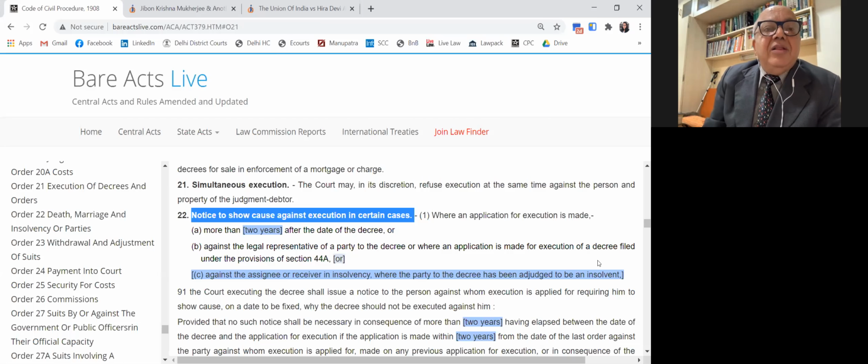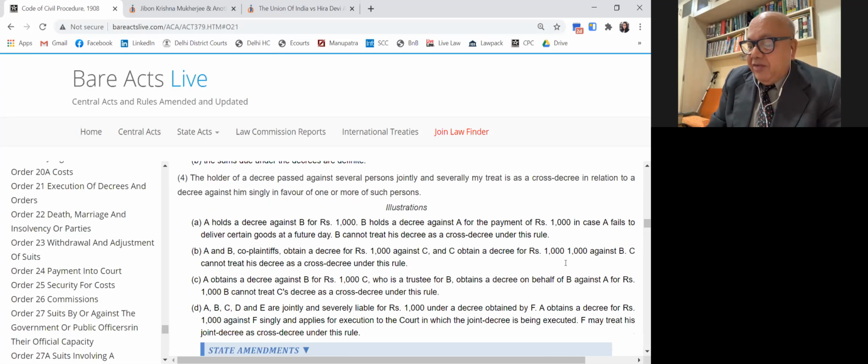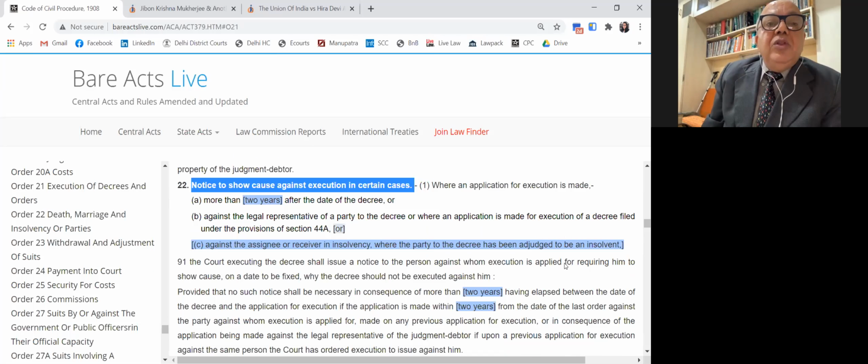After they die, under Section 146 we learn the heirs can be brought on record. Then also an application against the assignees, assignees is basic. Also an application under Section 44 for a foreign decree. So this application requires that notice can be issued to the judgment debtor before execution.